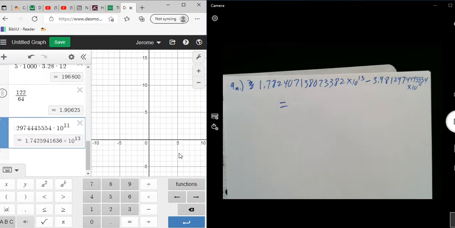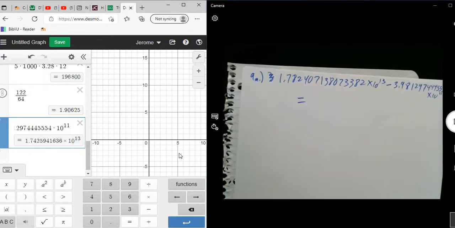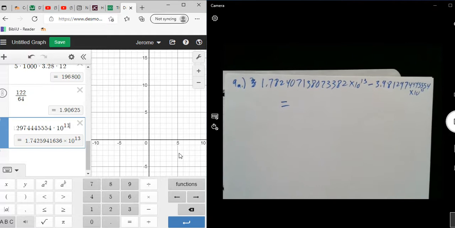Now, they gave us an answer in scientific notation, but all we have to do is just move that decimal 13 places to the right. So we count how many digits we have behind the decimal: 1, 2, 3, 4, 5, 6, 7, 8, 9, 10.